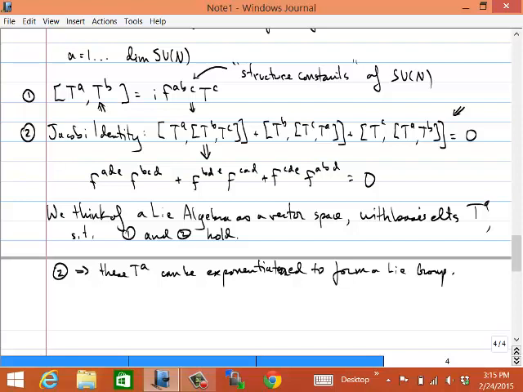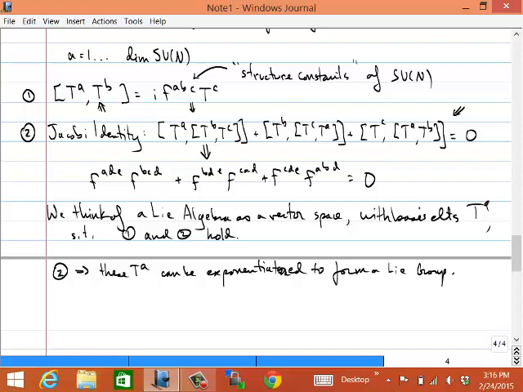So a Lie group is just a fancy name for a group where the group elements are labeled by continuous parameters rather than discrete parameters. And so it's a manifold in the mathematical sense, and it has the sort of continuity and topological properties that you expect of a manifold. But from a physics point of view, you can just think of it as a group whose elements are labeled by some continuous variables rather than discrete variables.